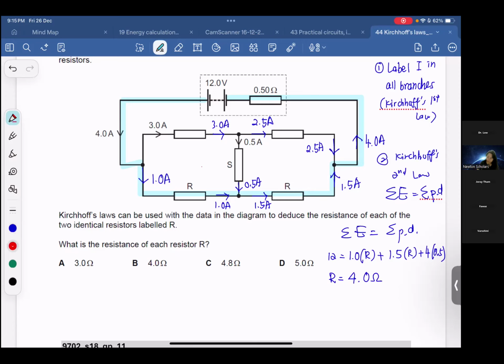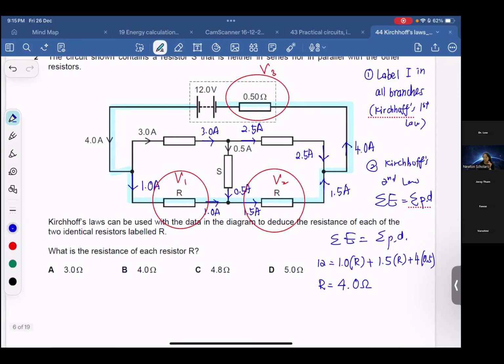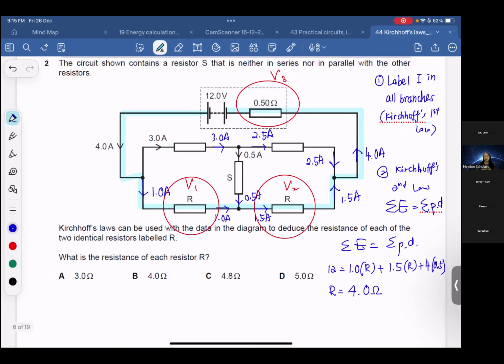Okay, here. This part voltage, this part voltage, and this part voltage: V1, V2, and V3. If you cannot solve those, then look at my working steps here. First step, all the current in the branch we label.